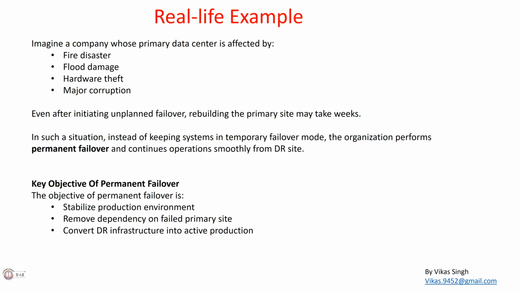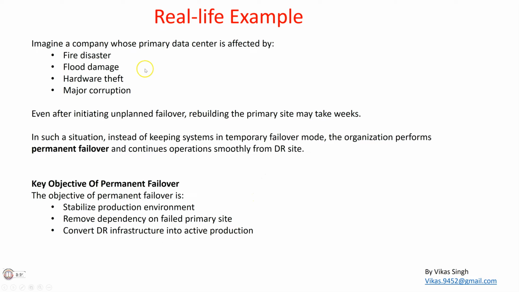Running a temporary failover state for such a long duration is risky and unstable for your production infrastructure. So in this situation, the organization performs a permanent failover and continues operations smoothly from the DR side as the new production environment. The main objective of permanent failover is to stabilize the production environment, remove dependency on the failed primary site, and convert the DR infrastructure into a full active production site.